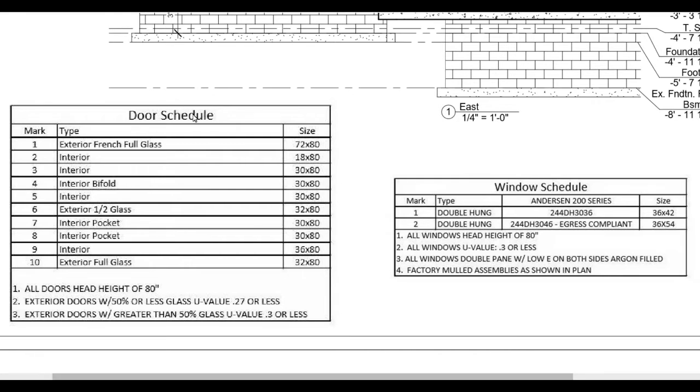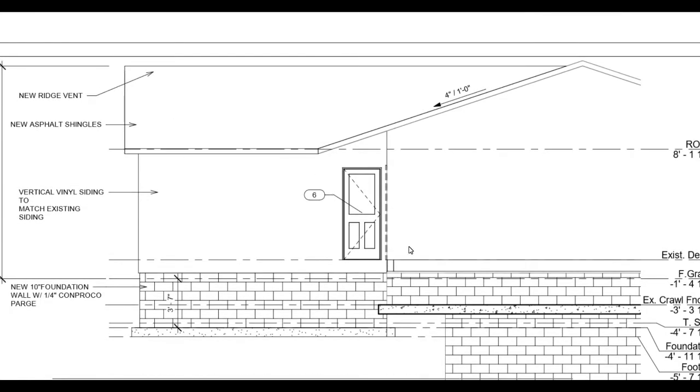My door schedule contains a few different pieces of information. First of all, we have a mark. That mark is the door number. It corresponds to the different plan views or elevation views. We'll use this one as an example, since we have that right here on this page. Door number 6 looks like a single door with a light.